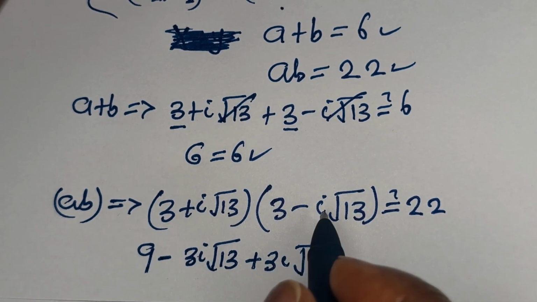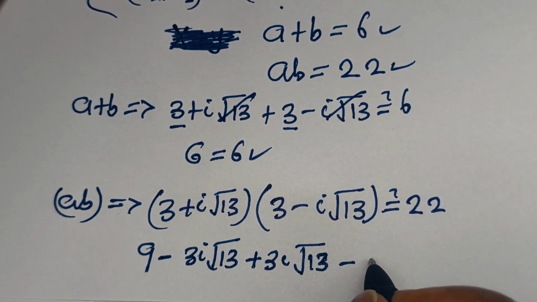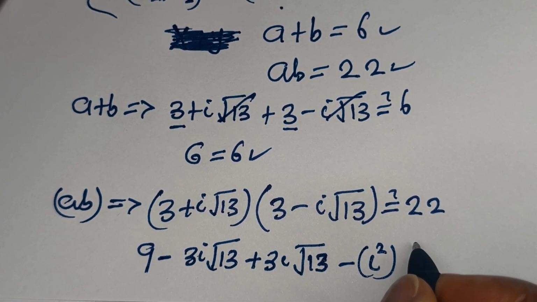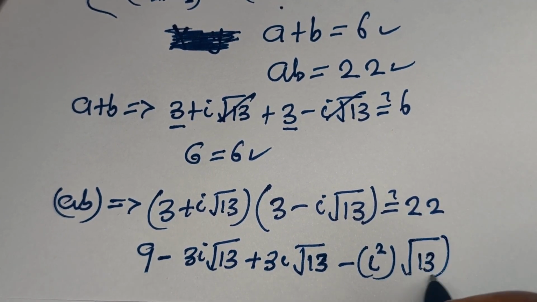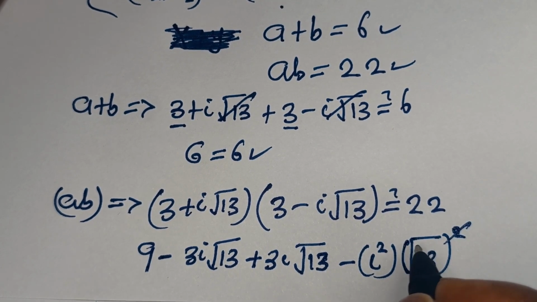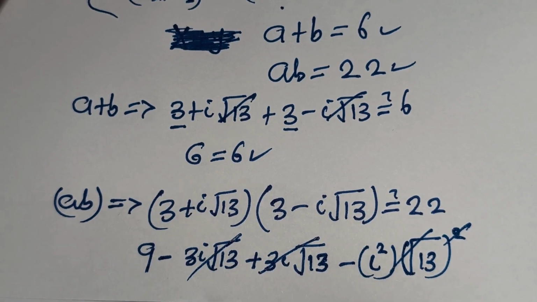Minus i root 13 multiplied by i root 13 is i square multiplied by square root of 13 square. The middle terms cancel.